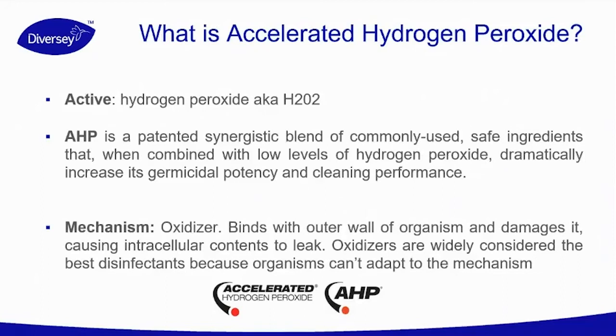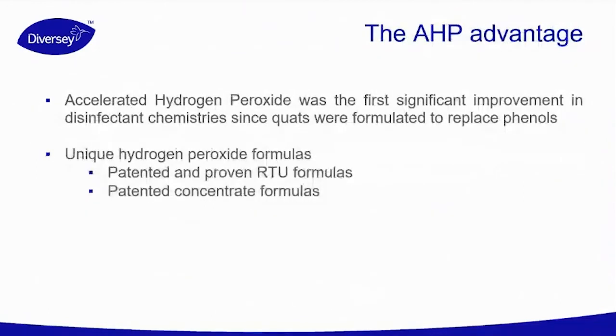So what's the advantage of AHP? AHP was the first significant improvement in disinfectant chemistry since the quat. And we have unique hydrogen peroxide formulas that are patented and proven ready-to-use formulas, and a patented concentrated formula as well.